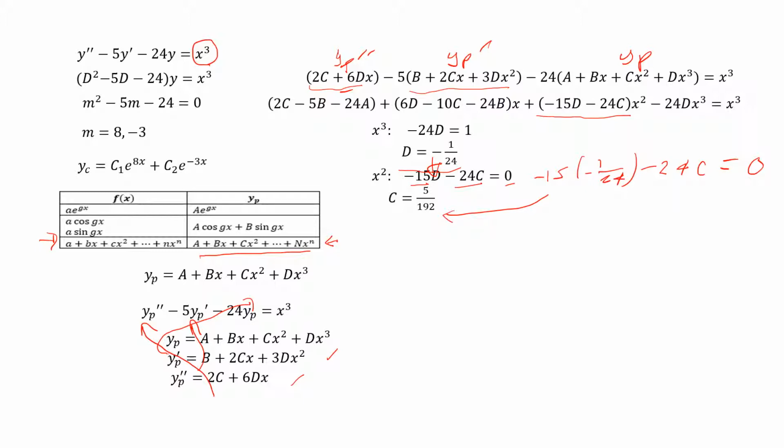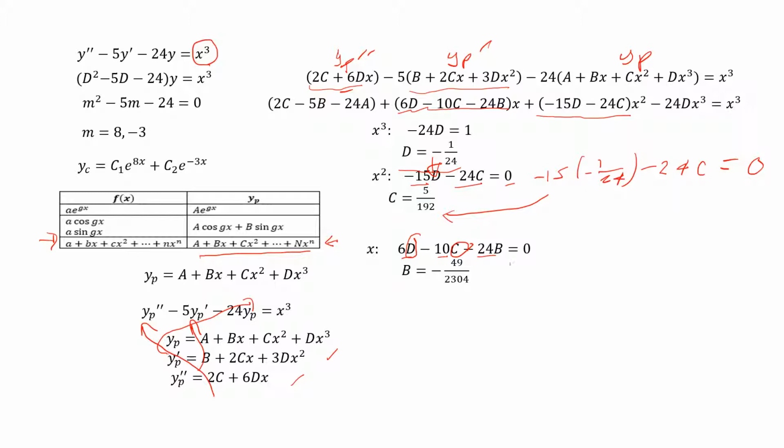Remember, you know already the values of c and d. The next is the coefficient of x. There is no x term on the right side either, so we have 6d minus 10c minus 24b equals 0. You know already the values of d and c, so it's possible for you to get the value of b here.